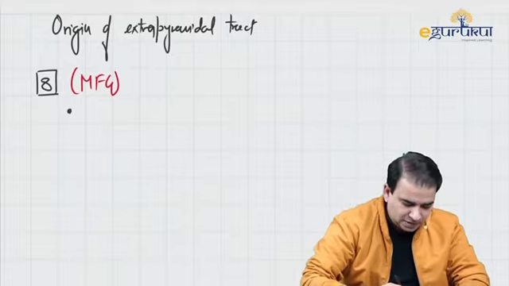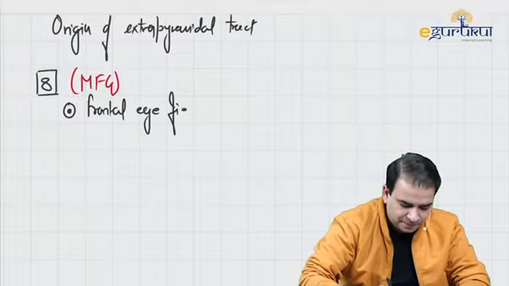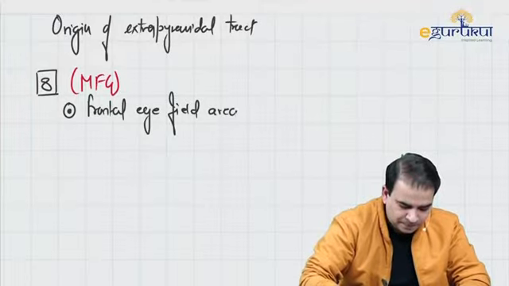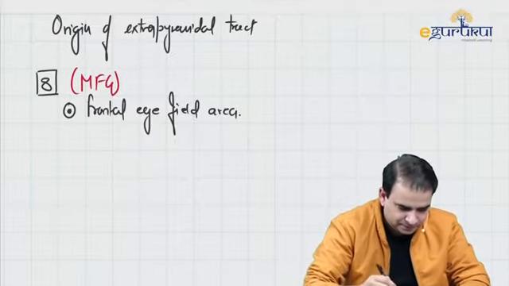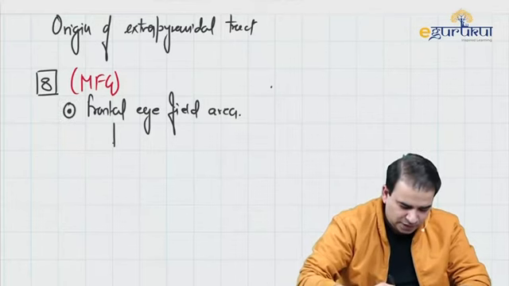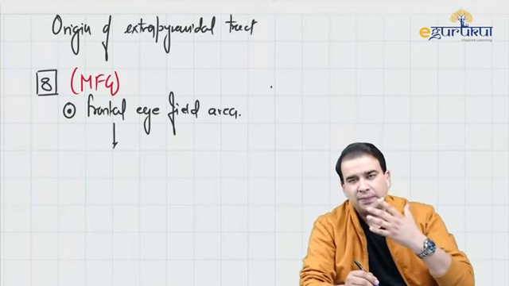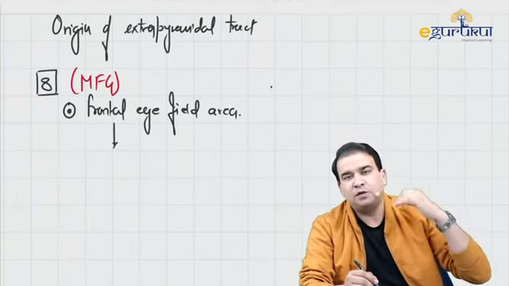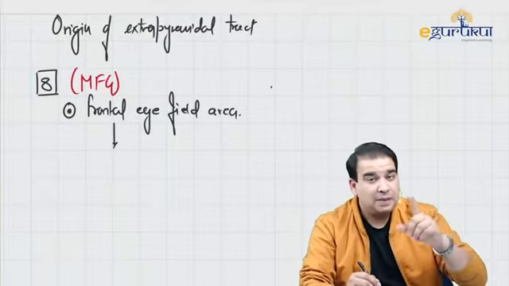This area is called the frontal eye field area. That area number 8 is the frontal eye field area. And this frontal eye field area, please note, is for the scanning ocular movement, and it is independent of the visual stimulus. It is for the scanning movement of the eyeball, but independent of visual stimulus.